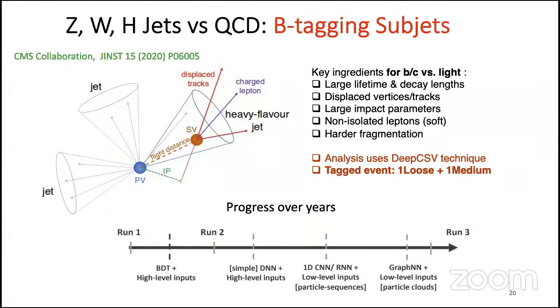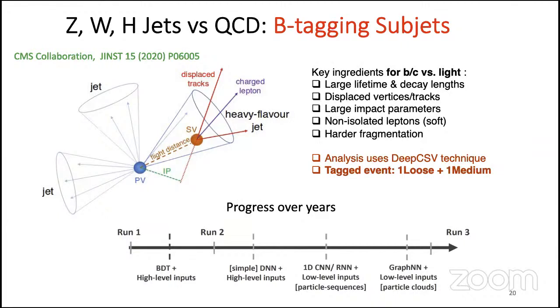In our analysis, in particular, we use this DeepCSV, which is this technique. But these techniques are still state of the art, and they are still being discussed in several meetings.